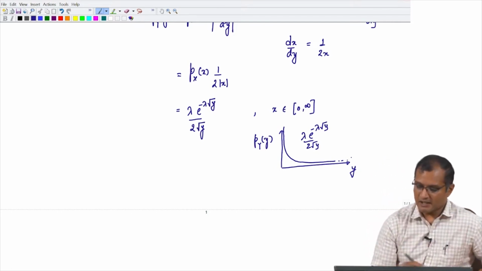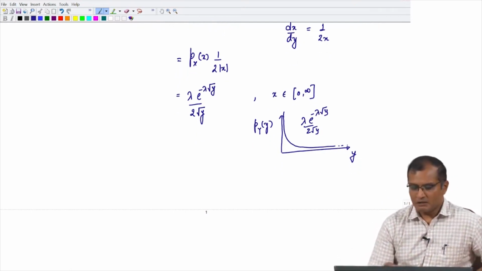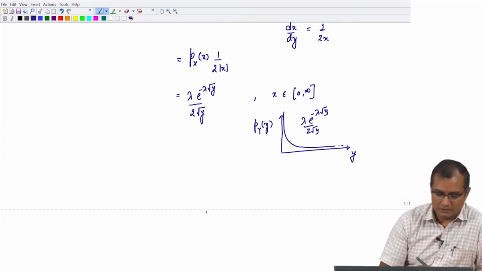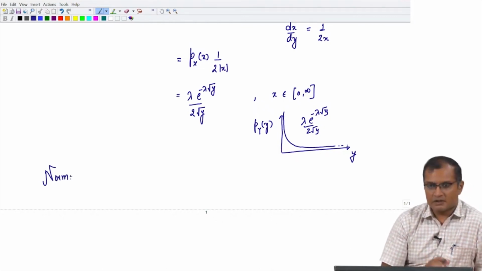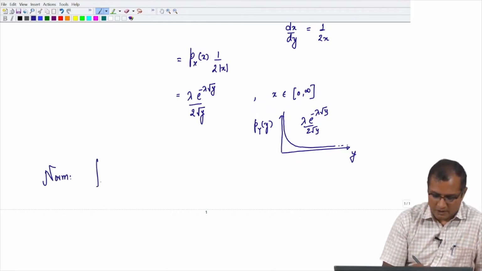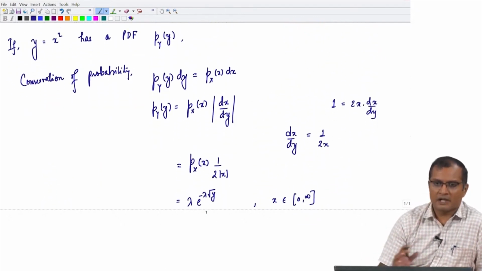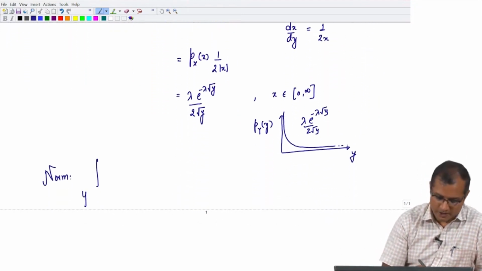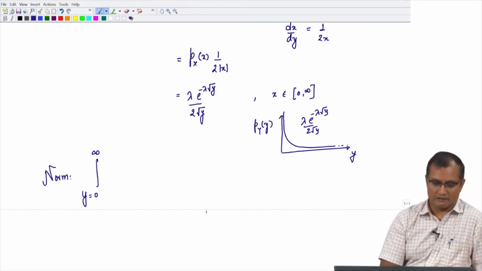So, there is a singularity at the origin, but it does not pose any problem. This is an integrable singularity, and by integrable singularity I mean I can immediately find out the norm of this PDF and show that this is well behaved. So, if you find out the norm, which is the conservation of total probability, since y is x square, you do not have negative values of y. So, the domain will be from 0 to infinity.